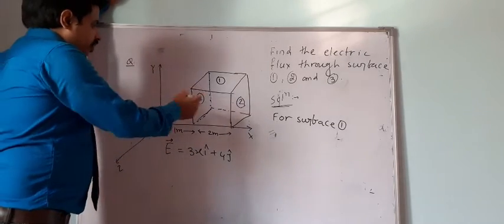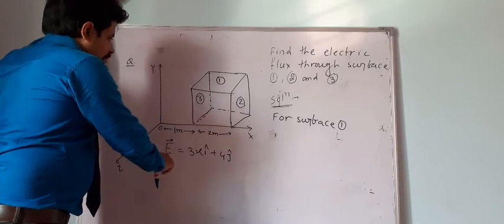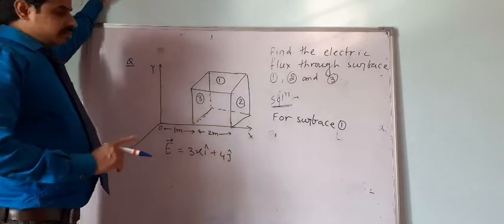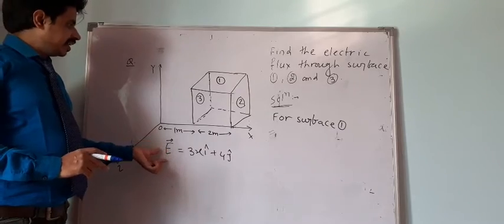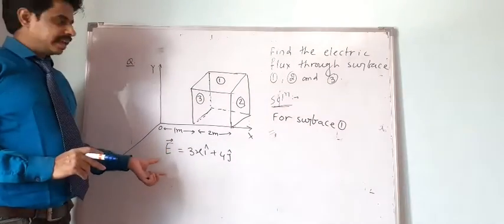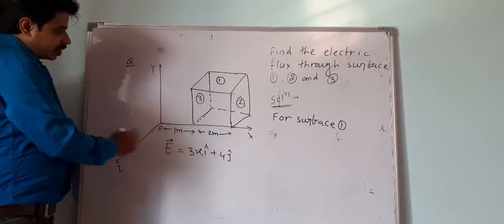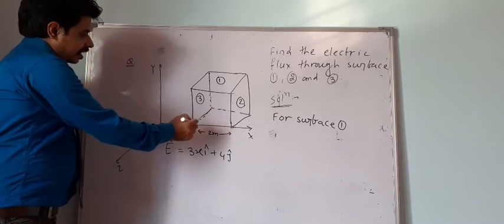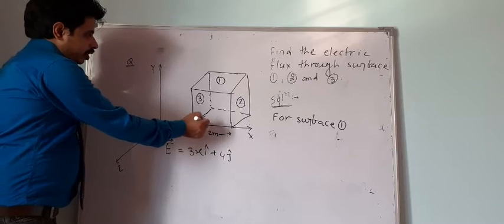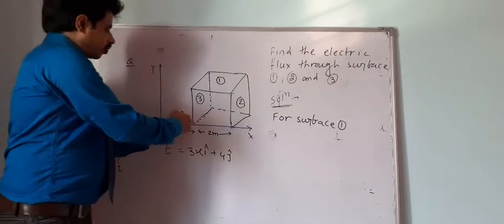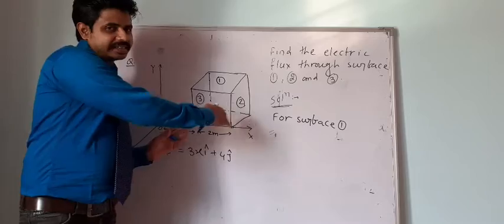So for surface 1, we have to find E and A. First, we will find E and then find A. So for surface 1, we can note one thing: x is varying point to point. If I move from this end to this end, x is varying.